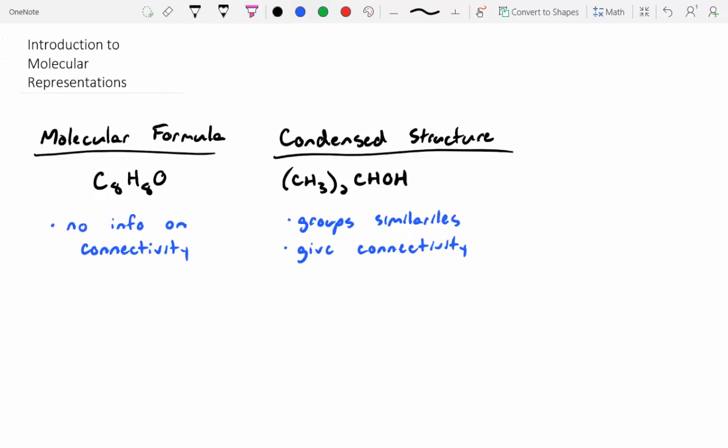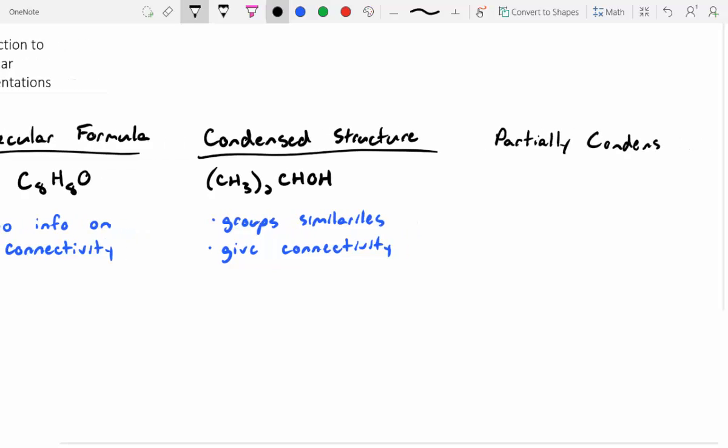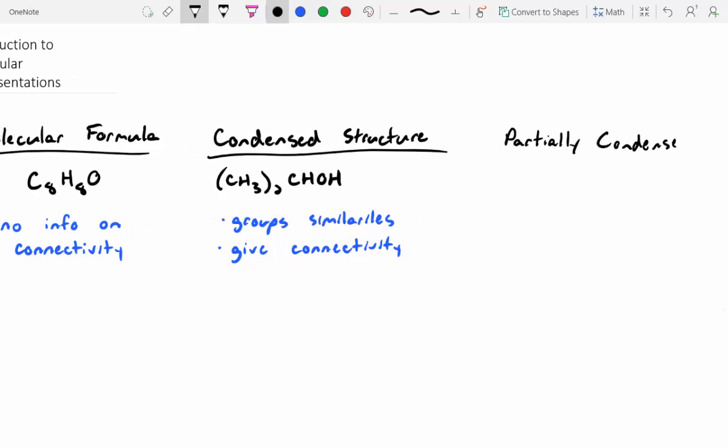The last one is called partially condensed. Let me slide this over. I'm running out of room on the screen. There we go. And with this, we group similar functional groups. So for example, those methyl groups, we might show them out as independent methyl groups.